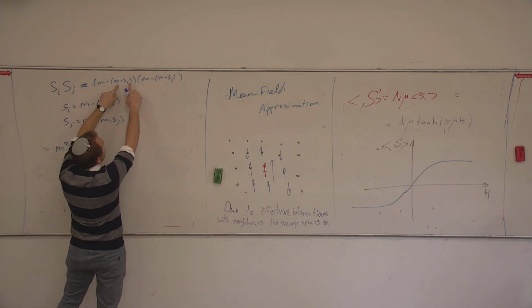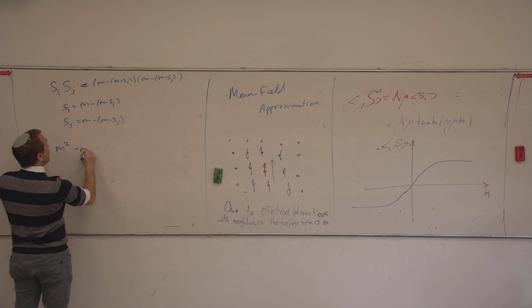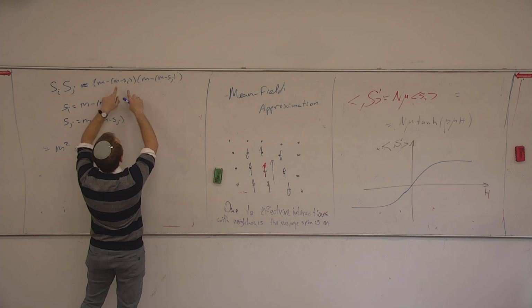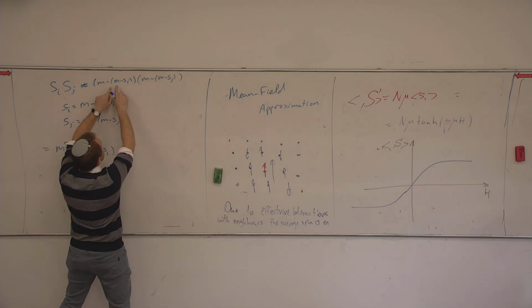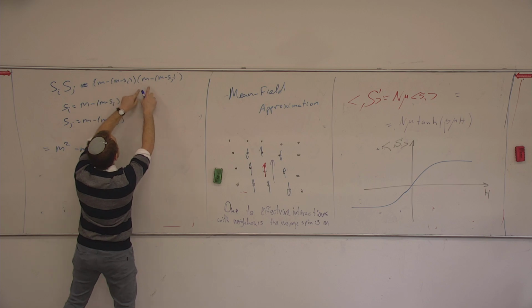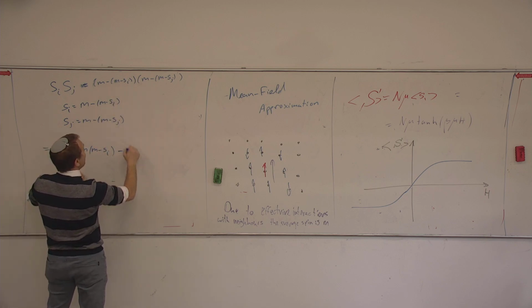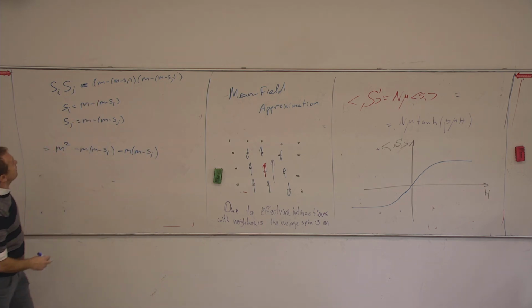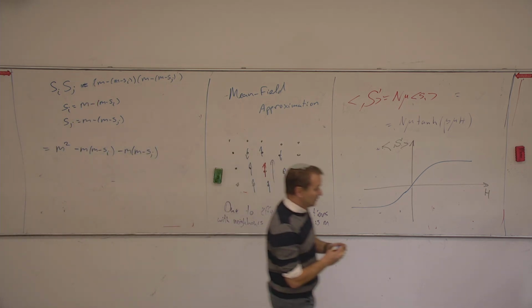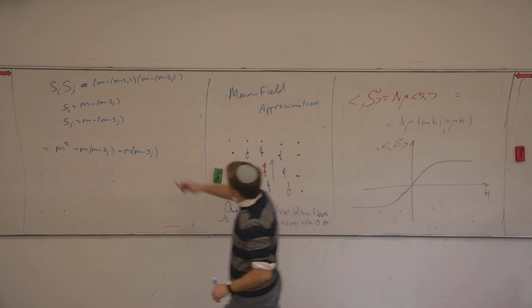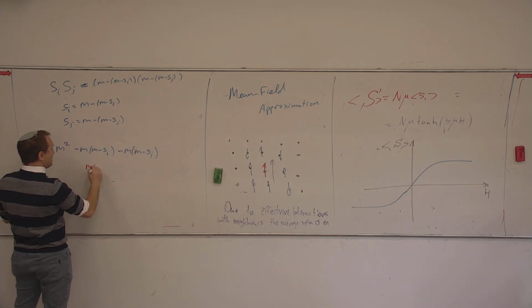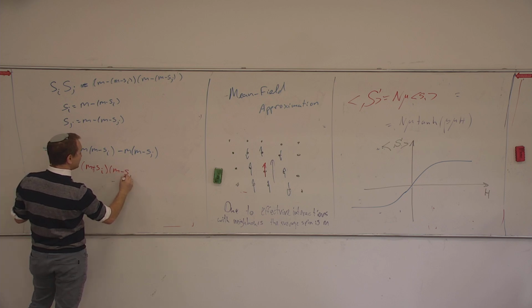I have this guy multiplied by this guy, so it is minus M minus Si. We multiply this by this and this by this. I also have minus M multiplied by M minus Sj. And finally, I have minus M minus Si multiplied by minus M minus Sj. So it is M minus Si multiplied by M minus Sj.